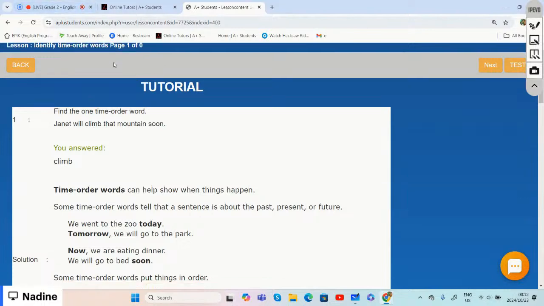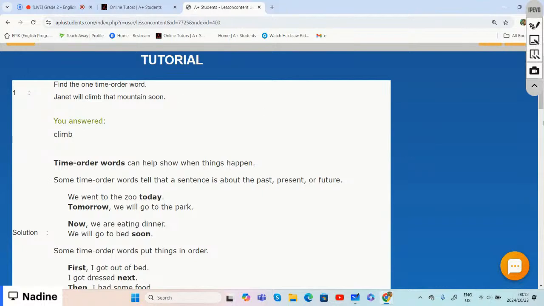Remember we said when it comes to time order words, they can either tell us about the present, about the past, or about the future.